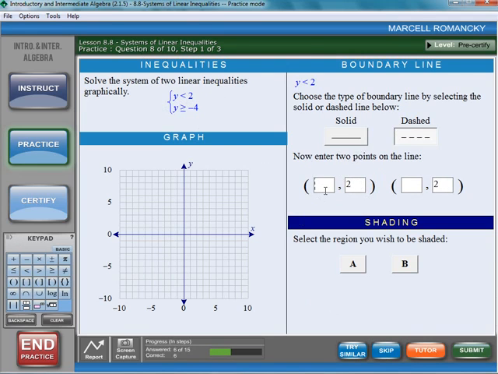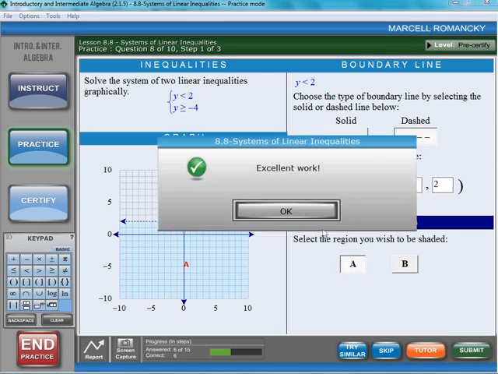No. Put a 6 and put a 0 and it gives me this. Where am I going to shade? It is a less than, so I'm going to shade where A is at. Okay, if I use my test point, is 0 less than 2? Yes. So I know I did it right.